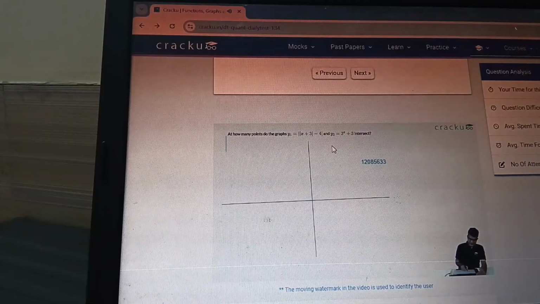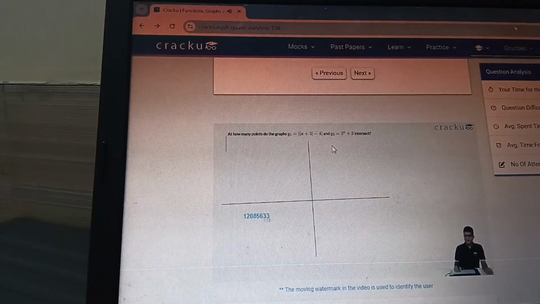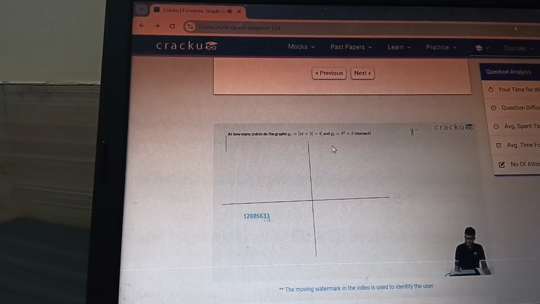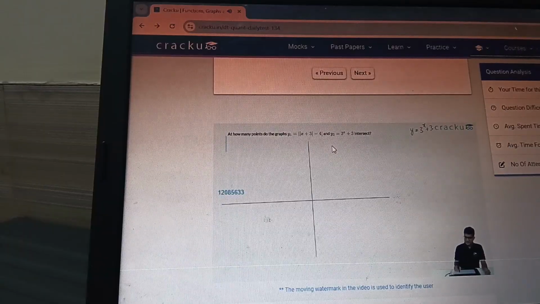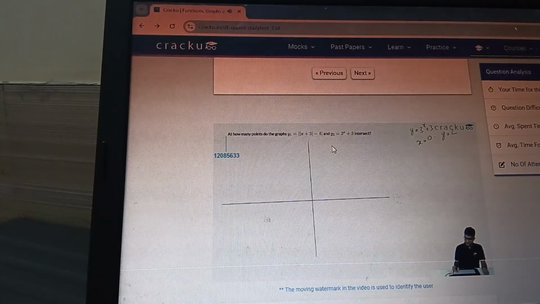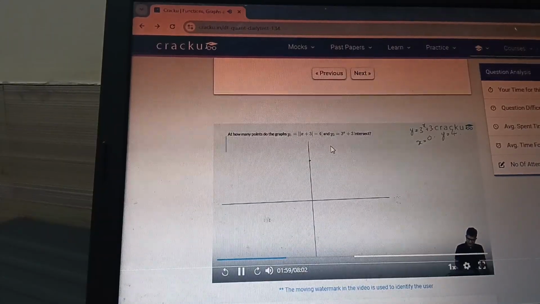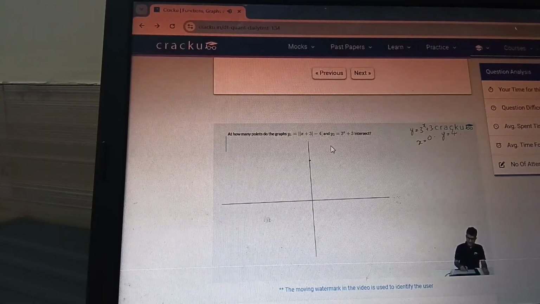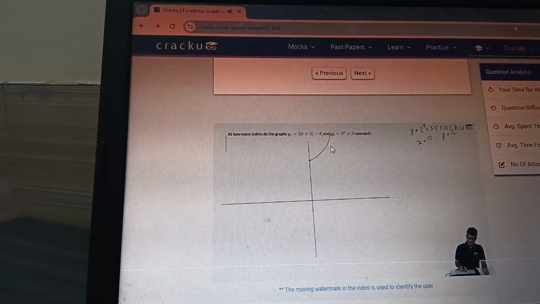Instead of intersecting the y-axis at y is equal to 1 when x is equal to 0, the curve y is equal to 3 to the power x plus 3 now intersects the y-axis when x is equal to 0 at y is equal to 4. So it will intersect somewhere over here, and it will again continue to increase exponentially.